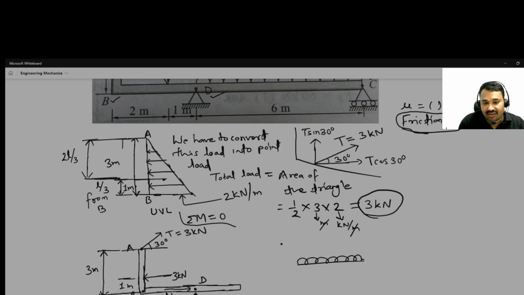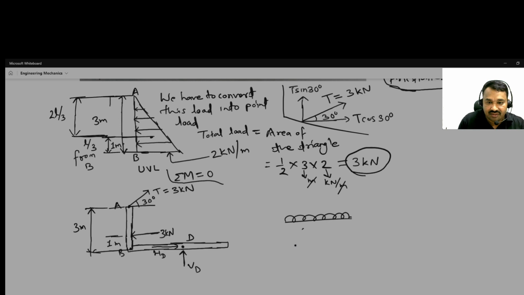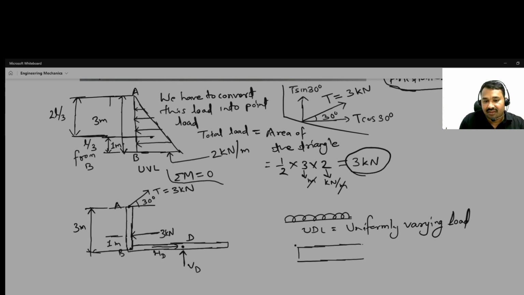This is the UDL load. UDL means uniformly varying load, okay, and this also can be shown, like if you can find in many problems like this one, and its intensity is given here 1 kilonewton per meter, equally this distance.